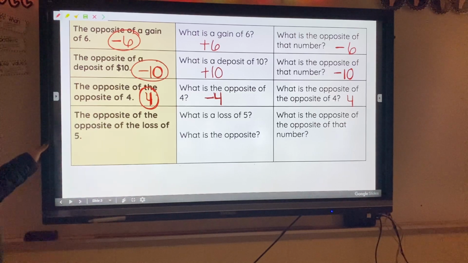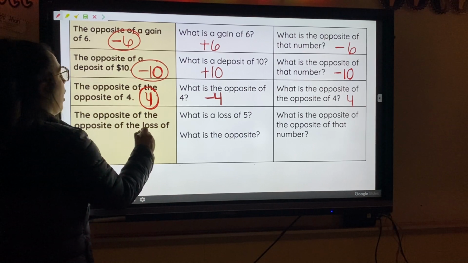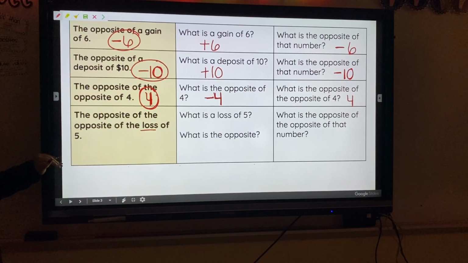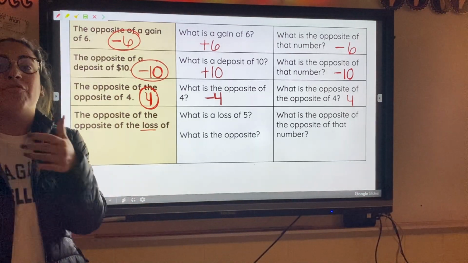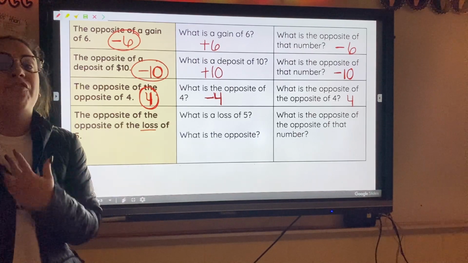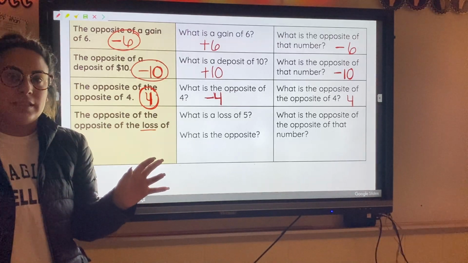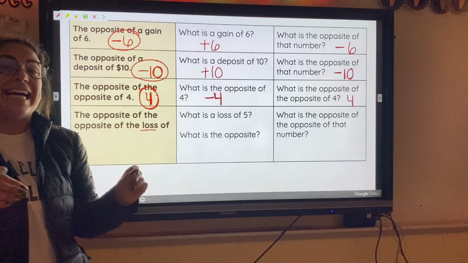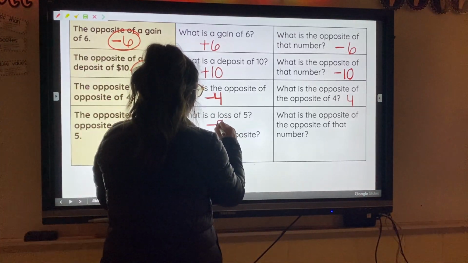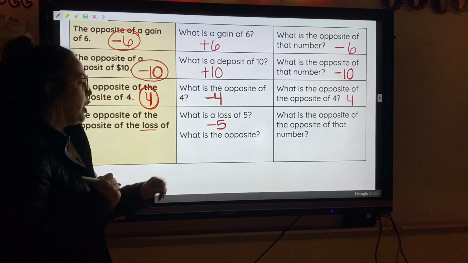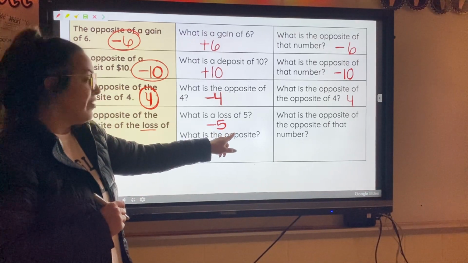All right, and then this last one on this table says the opposite of the loss of 5. The first thing I want to do is figure out, well, what is a loss of 5? If I am losing 5, is that a positive or a negative action? If you're losing, that's a negative action. So a loss of 5 is negative 5. But we want to know, well, what is the opposite of negative 5?